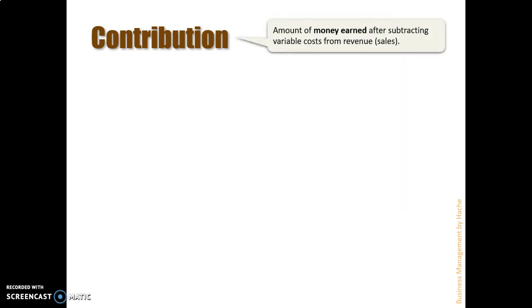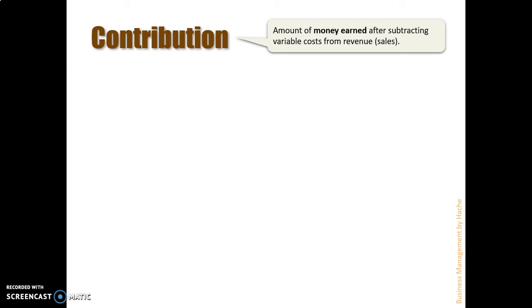Let's begin with contribution. When you sell a product or provide a service at a certain price, it is important to tell how much of that price, how much of those sales you are keeping in comparison to how much money you're spending to make that product possible. This is what contribution is. Contribution is the amount of money earned after subtracting the variable costs from the sales, from the revenue.